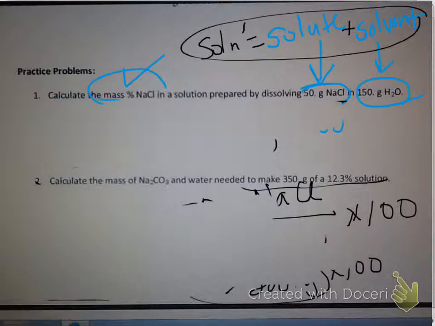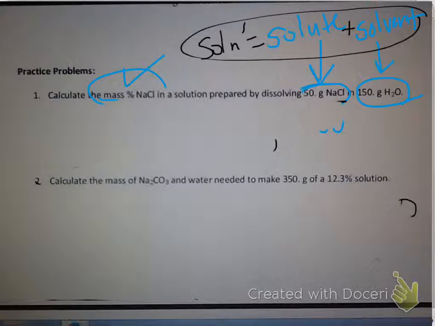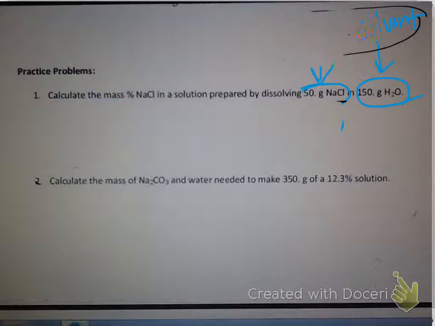It says calculate the mass of sodium carbonate and water needed to make 350 grams of a 12.3% solution. Alrighty. Okay, let's go back and see what we're doing. So what are we asked to calculate here?